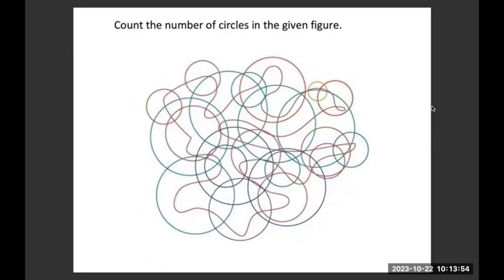Which were correct answer? You have to count all the circles that are there in the figure. Vishwa, wrong answer.